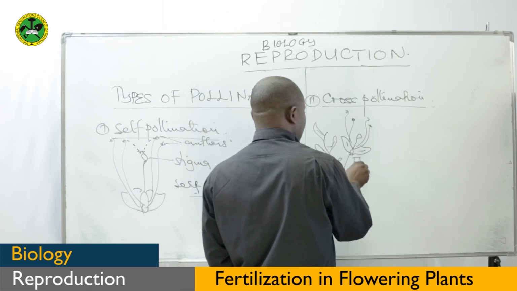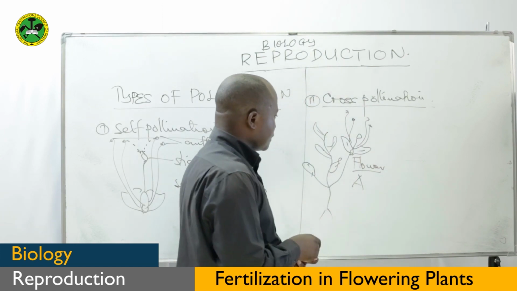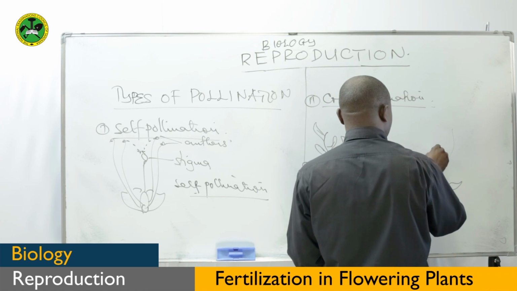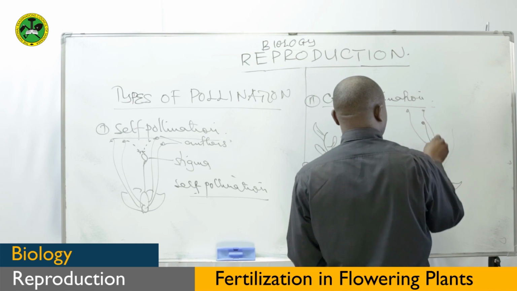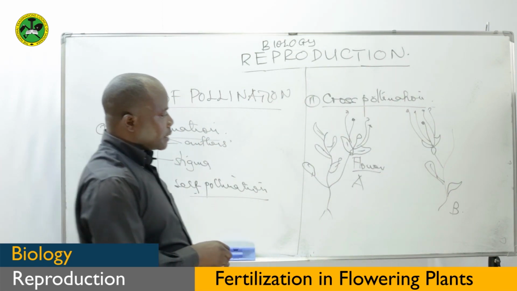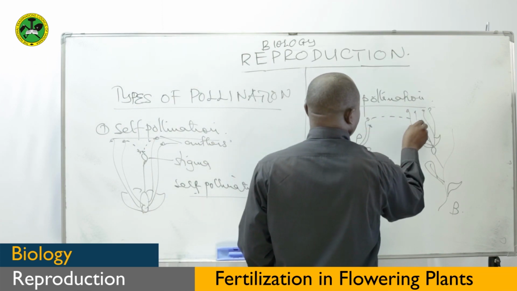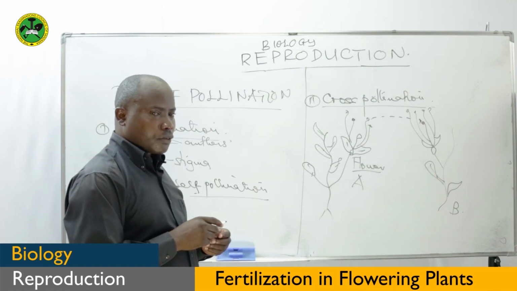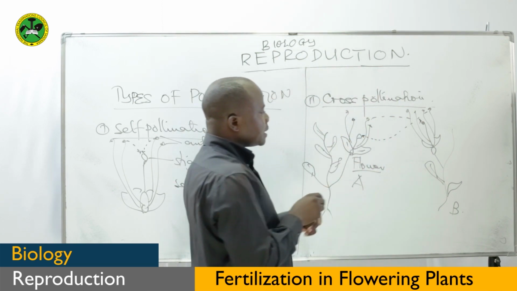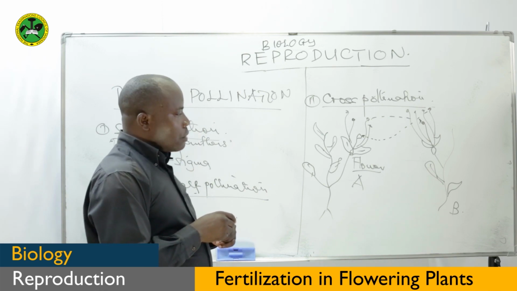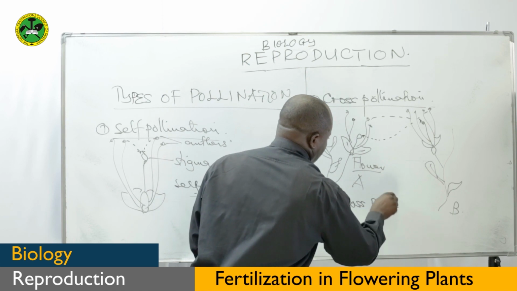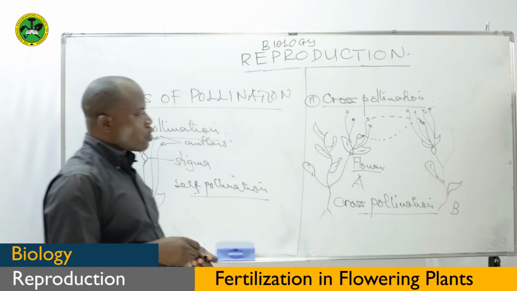If this is a flower of plant A, and this is another flower, this is plant B. If the pollen grains are carried from this anther to this stigma of a different plant of the same species, by either wind or insect, this is cross-pollination.